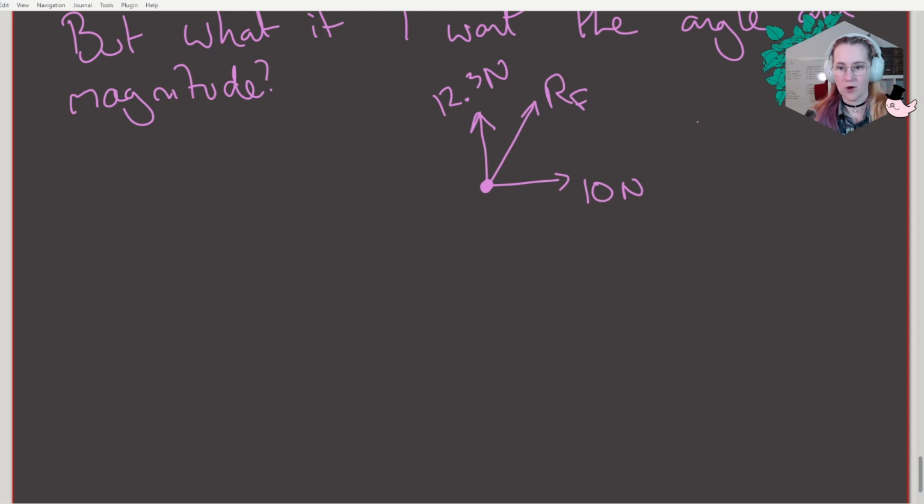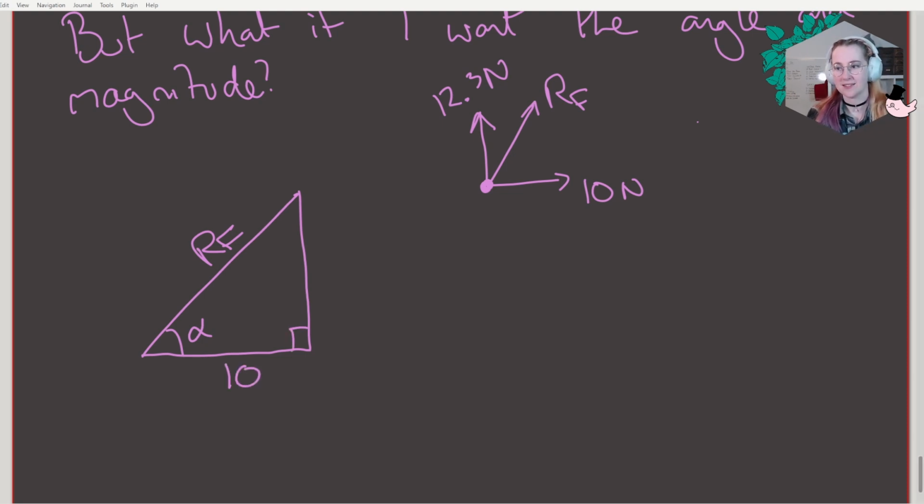So my hypotenuse is always going to be RF. Now I don't know what the angle is, so let's call it alpha. X and Y are always at 90 degrees to each other, and we know that the X is 10 and the Y is 12.3. So we want RF and we want alpha. The easiest way to do this, to double check it, is again to use SOHCAHTOA.